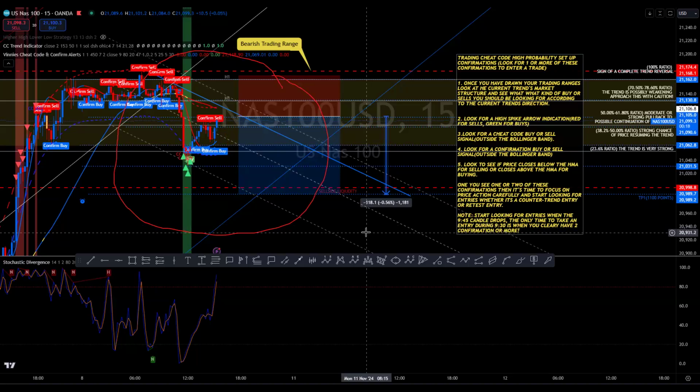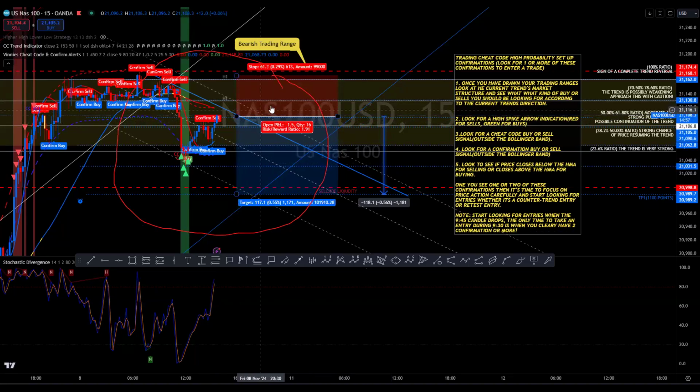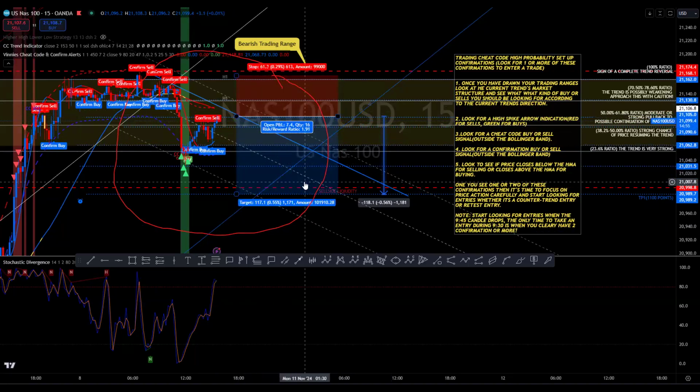So we have less than 20 seconds now. All right, the 9:30 candle is closing. This one just closed above. Let's wait and see.